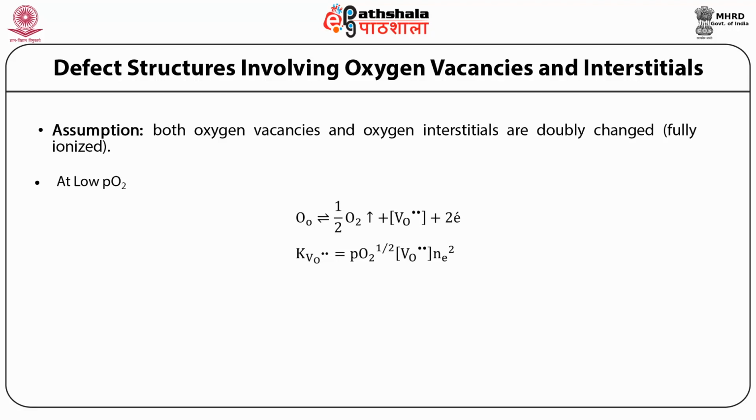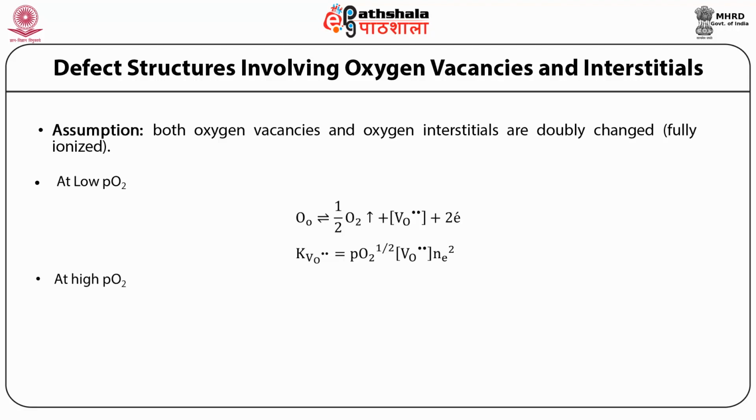Assuming that the concentrations of MM and OO are equal to 1, the corresponding reaction constant K of VO double dot is equal to partial pressure of oxygen to the power 1/2 times the concentration of VO double dot times n squared.